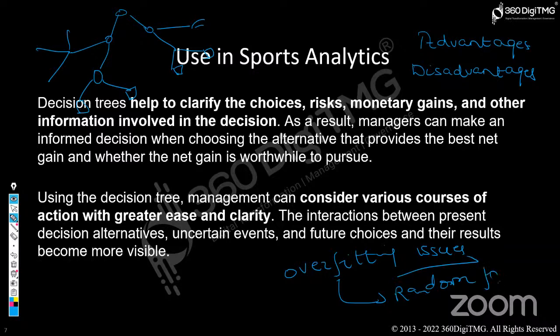To counter this disadvantage, we use an algorithm called random forest. The more class labels you have, the computational complexity of your decision tree increases. So these are some of the disadvantages that are associated with your decision tree.